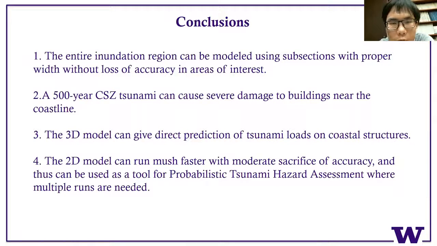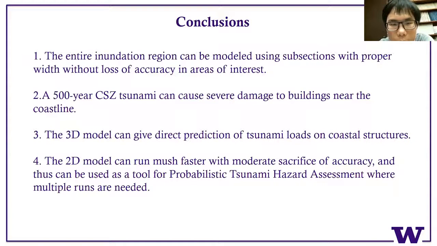And we have shown that if you choose the subsection carefully enough, you can do it with much less computational resources. You can do it much faster without loss of accuracy in areas where you want to predict flow parameters, or where you want information from the model.